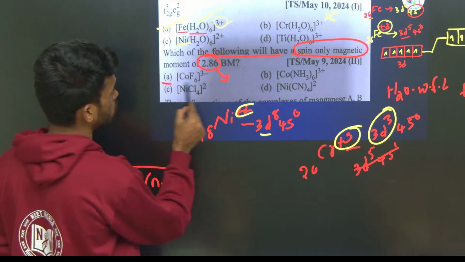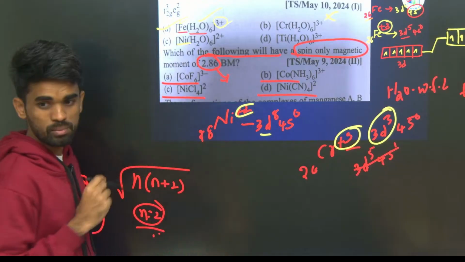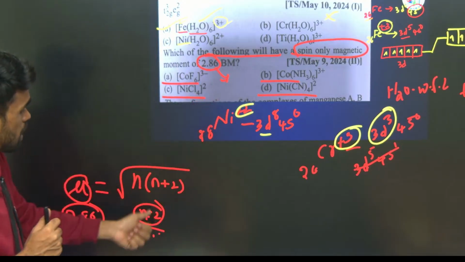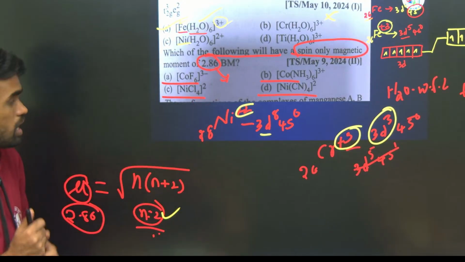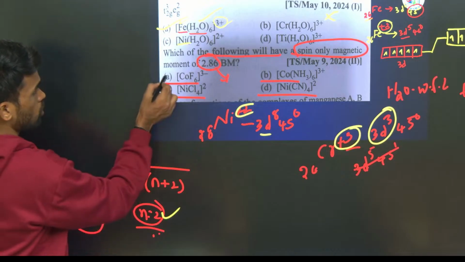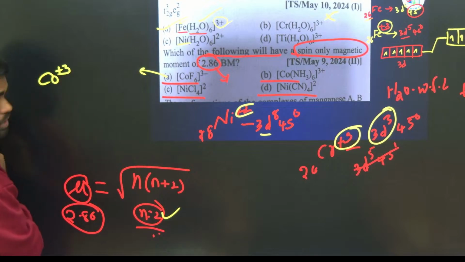So now you need to write their electronic configuration with respect to the hybridized compounds, and the compound which is having 2 unpaired electrons will be your answer. Now first case you tell me, cobalt +3 is the oxidation state.